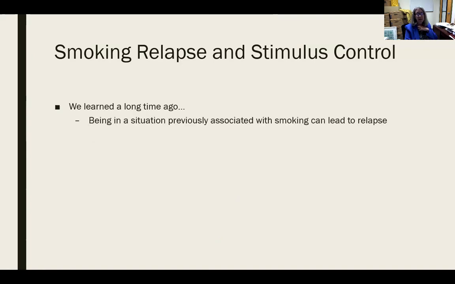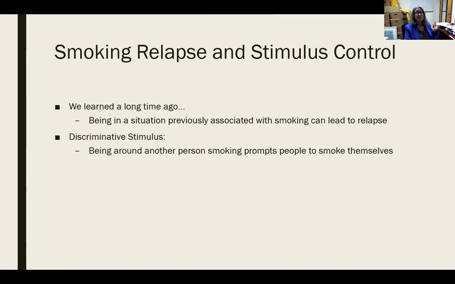Stimulus control can help us to understand smoking relapse, and how hard it is to stop smoking. We learned before that being in a situation previously associated with smoking can lead you to want to smoke again. So if you're around another person who is smoking, that's a discriminative stimulus likely to prompt you to smoke again because you're watching someone smoke.